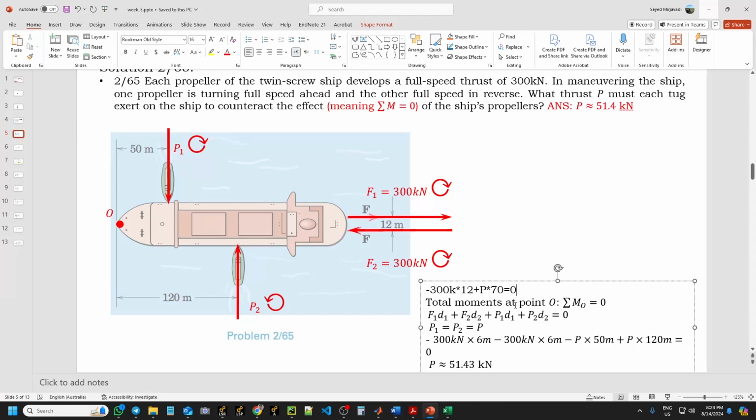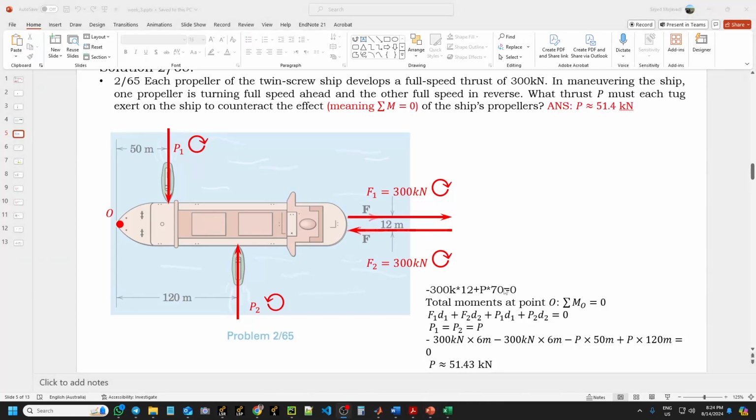Why equal to 0? Because this ship is now stationary. It doesn't move. It doesn't rotate. Okay? So now I obtain the P easily. And if you are smart, you will just get rid of this 0, and also one of the 0s here.